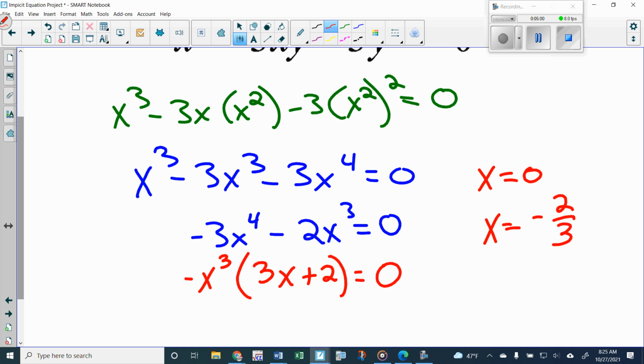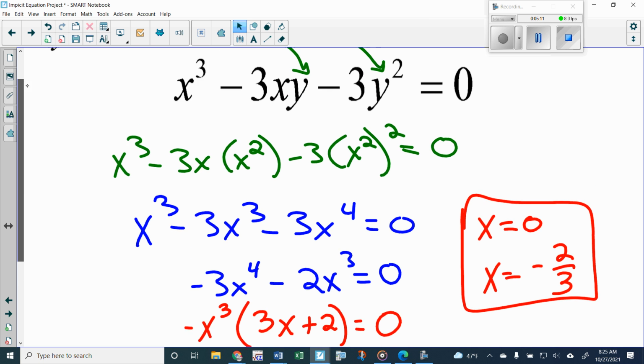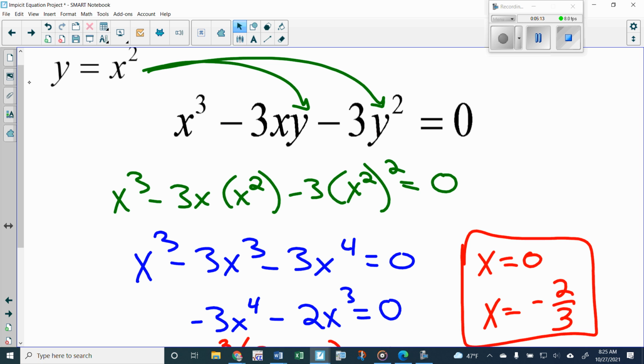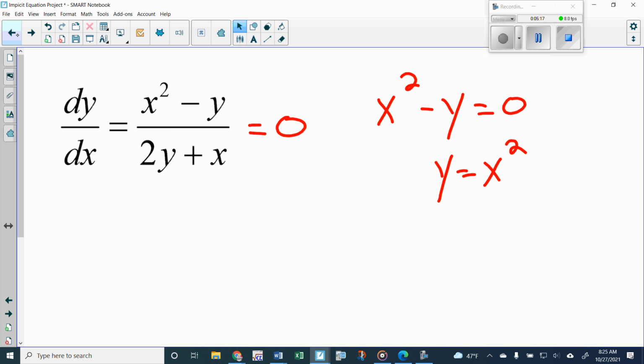Does that make sense? So these are the two x's where that is true, y equals x squared, which means those are the two x's where my derivative is 0.